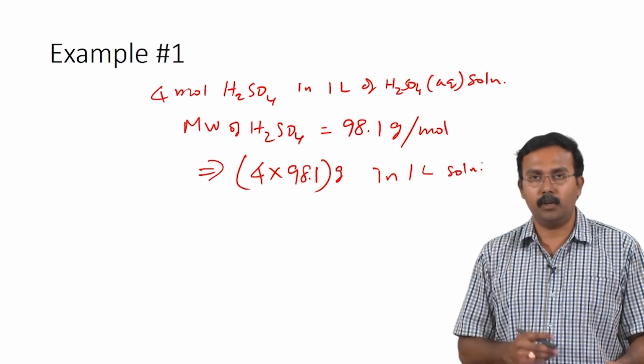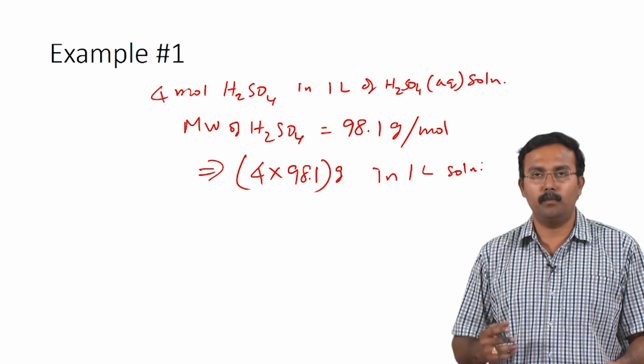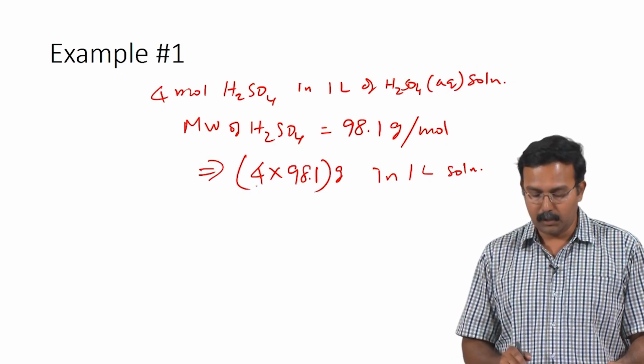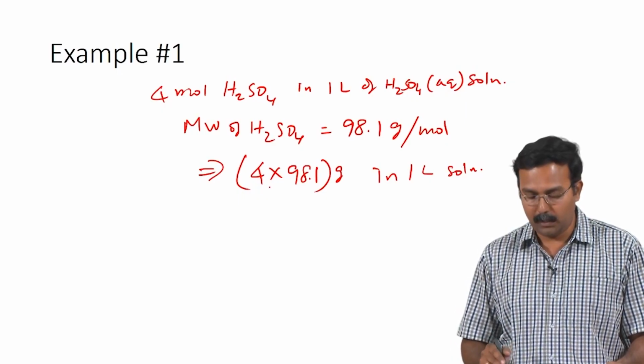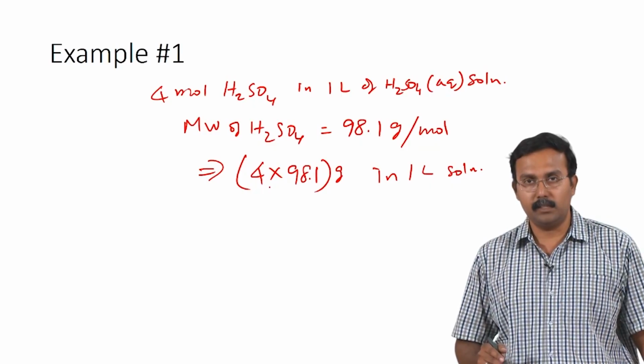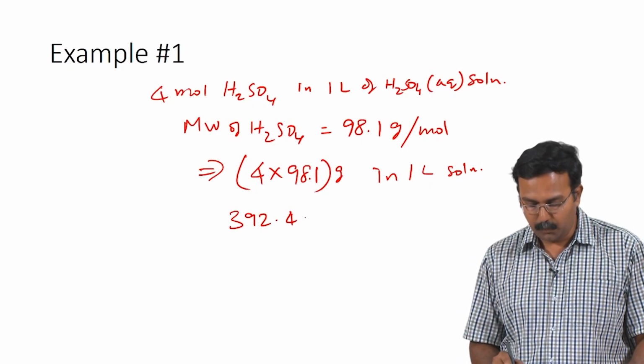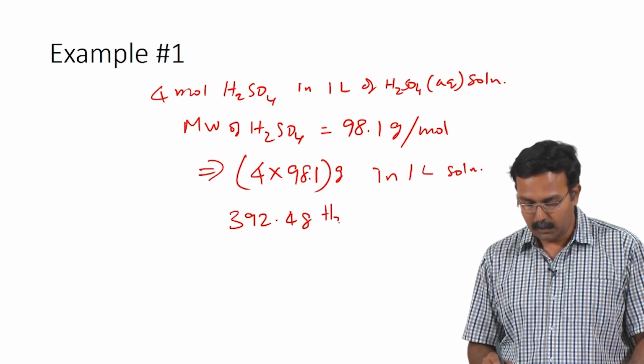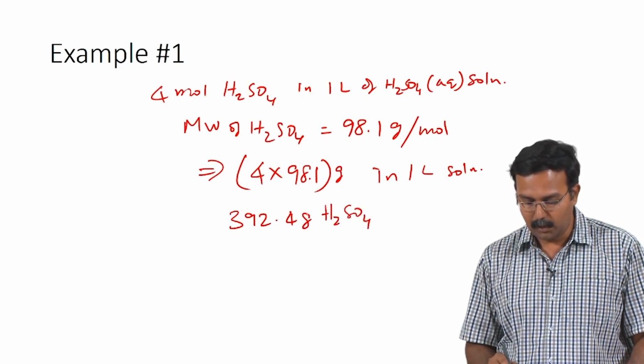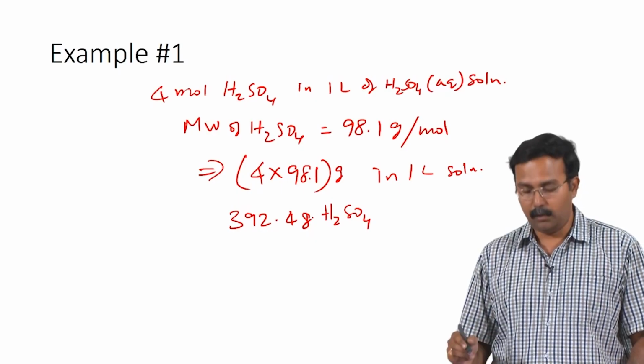So our basis for the problem is 1 liter of 4 molar solution being prepared. So this means 4 times 98.1 grams of sulfuric acid is dissolved. This would be 392.4 grams of sulfuric acid dissolved in 1 liter of solution.